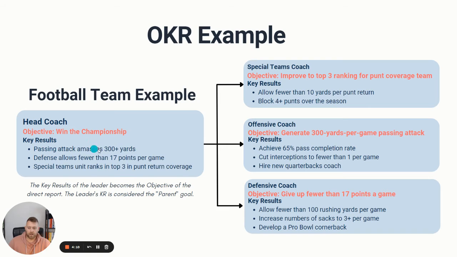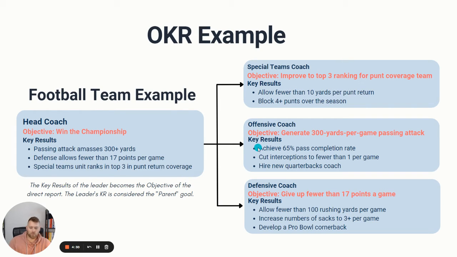So this adds a little bit more detail to the original key result. The offensive coach's goal, or the what he wants to accomplish, is 300 yards per game, specifically passing.